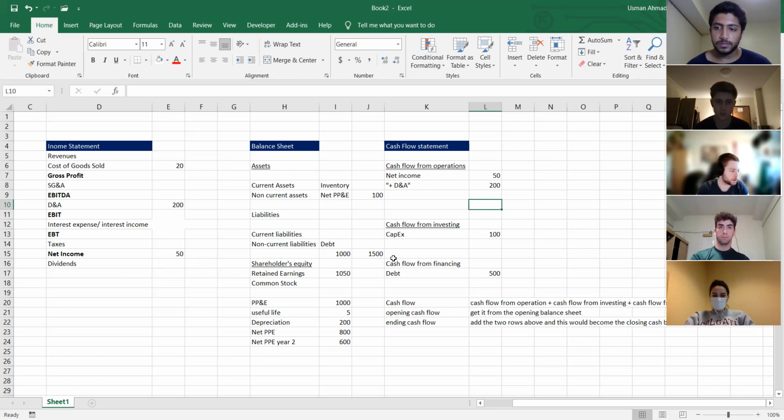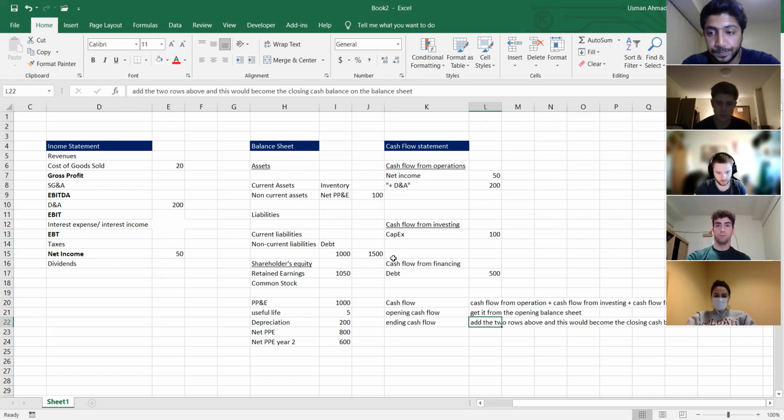Just to recall, what would our final statement for ending cash flow be? So the ending cash would be the opening cash that you get from the balance sheet, and you add the cash flow that you generated during that year, which is the sum of cash flow from operations, investing, and financing. That gives you the ending cash, and that ending cash would go on the closing balance sheet.